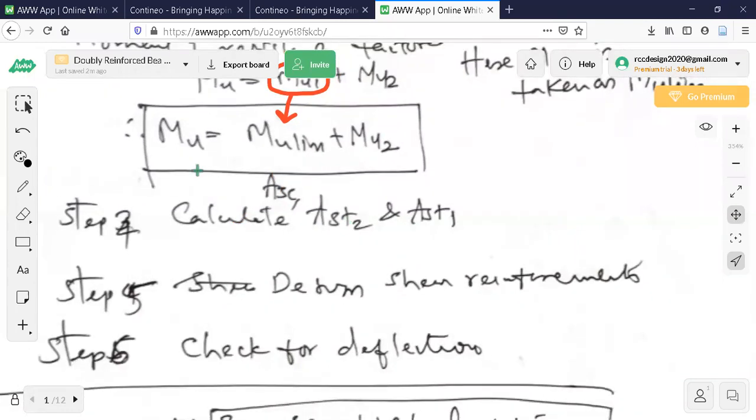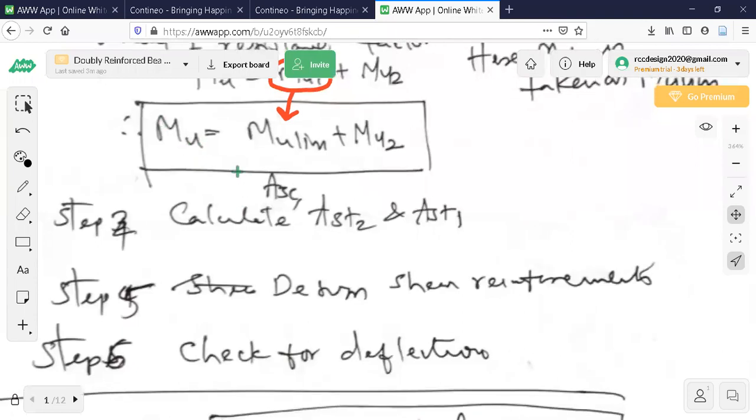In the design problems, you have to find out Mu, which is WL square by 8 actually. Even though this is moment of resistance, I'm going to equate it to the maximum bending moment. That is, I'm going to substitute Mu is equal to whatever value I'm getting from WL square by 8, or WL square by 2 if it is cantilever. So I'll be knowing this one. Then Mu limit is also fixed, 0.138 fck bd square.